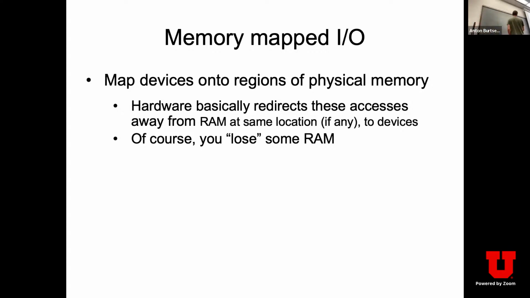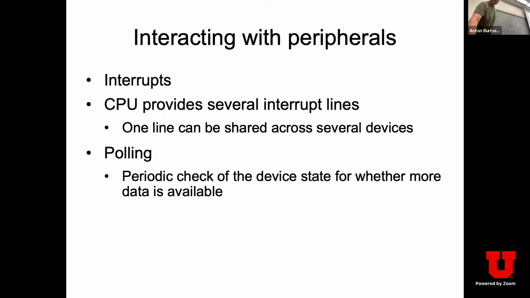And if you ask yourself, did I really lose these physical pages? You did, because the memory under those addresses will never be allocated for anything but communication with the devices.